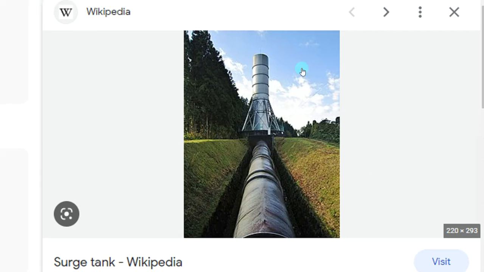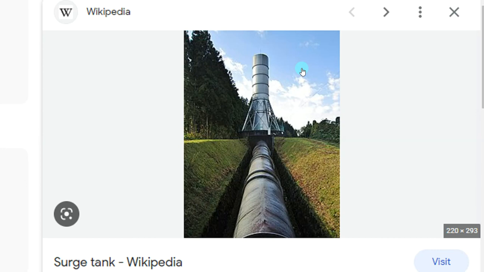Courtesy of Wikipedia, surge tanks are used as a pressure neutralizer in water resources engineering and water supply engineering, and they have different assemblies. They can be used as a pressure neutralizer in hydropower water.